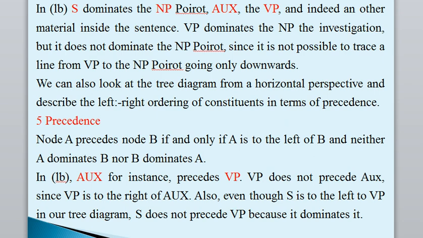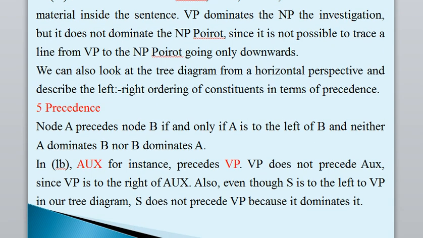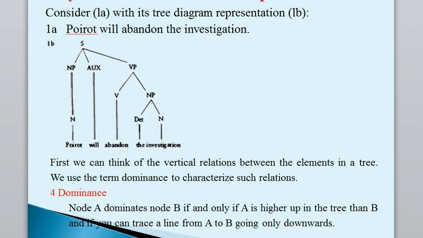For example, look at the previous tree diagram, at the auxiliary and VP. The auxiliary precedes the VP, as it is on the left side of the VP, so we call this precedence. The NP here also precedes the auxiliary.